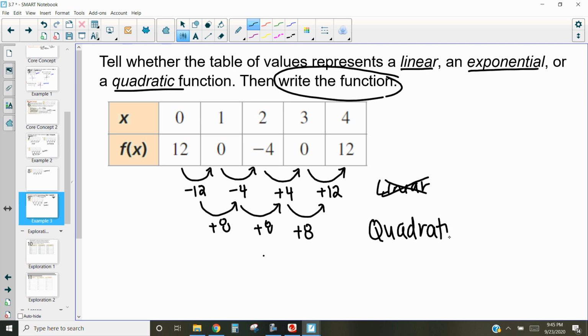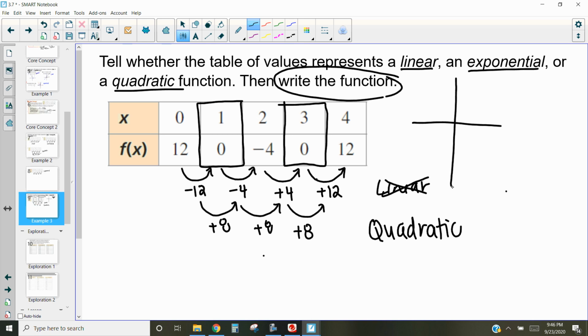So now we want to write a quadratic based on the numbers that we know. So there's two ways we can write this quadratic. One thing that I notice here is that I have these two zeros. So when y equals 0, or f of x equals 0, x equals both 1 and 3. So that tells me something when I'm graphing this. So imagine we graph this.